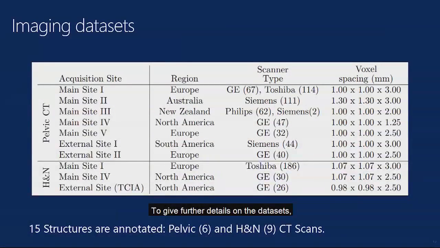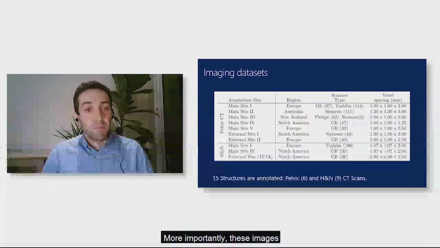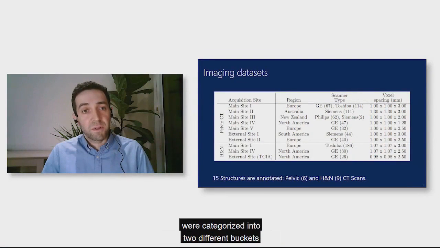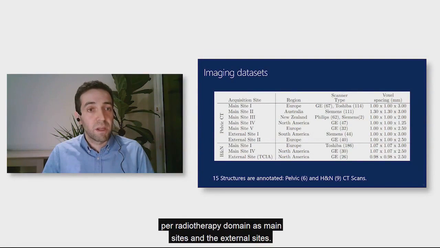To give further details on the datasets, the proposed models were trained on an anonymized set of 519 pelvis and 242 head and neck 3D CT scans. And more importantly, these images were categorized into 2 different buckets per radiotherapy domain, as main sites and external sites.